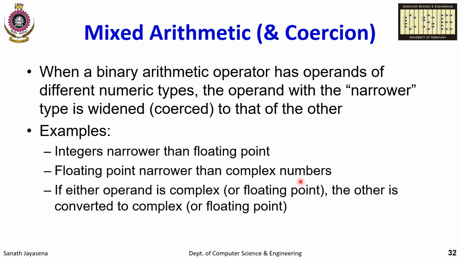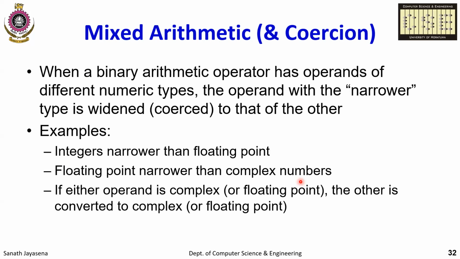So in a binary arithmetic operation, when the operands are of different numeric types, for example one being floating point and the other being integer, the operand with the narrower type is widened. That means we say it's coerced.